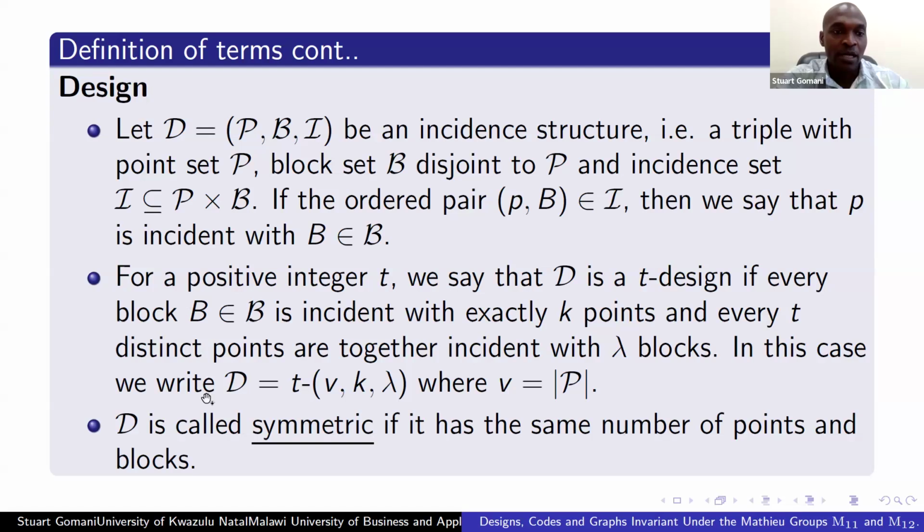Once we have got that setup, we write calligraphic D to be a T-(v,k,lambda) design, where v, k and lambda are parameters of our design, and v is the number of elements in the point set of the design. Such a design calligraphic D is called symmetric if it has the same number of points and blocks. In other words, if the size of calligraphic P and the size of calligraphic B are the same, that design is called symmetric.